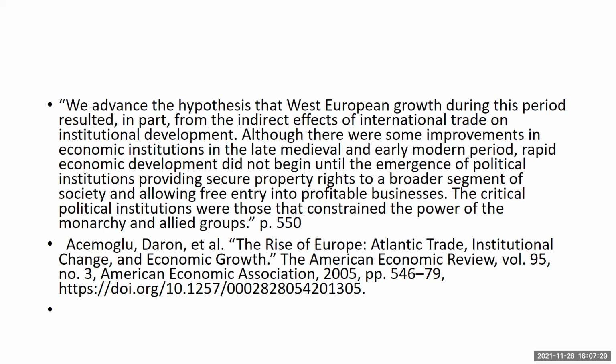Although there were some improvements in economic institutions in the late medieval and early modern period, rapid economic development did not begin until the emergence of political institutions providing secure property rights to a broader segment of society and allowing free entry into profitable businesses." The title of a paper published in 2019 is even clearer. Democracy Causes Growth.